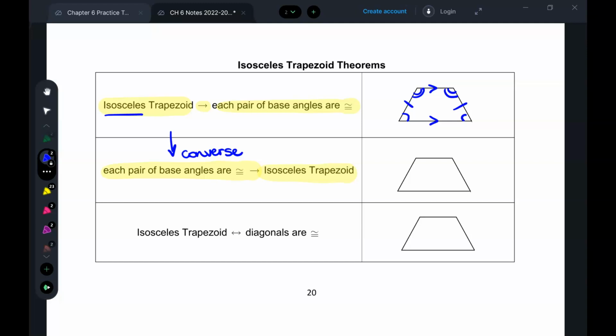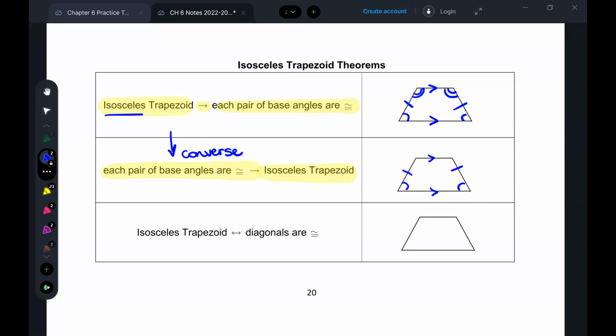What's the difference between an isosceles trapezoid and a regular trapezoid? In a regular trapezoid, the sides aren't necessarily the same. But in an isosceles trapezoid, the legs are congruent. Why are they congruent? Where do we get an isosceles trapezoid?